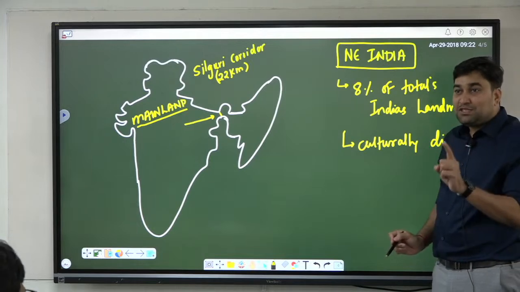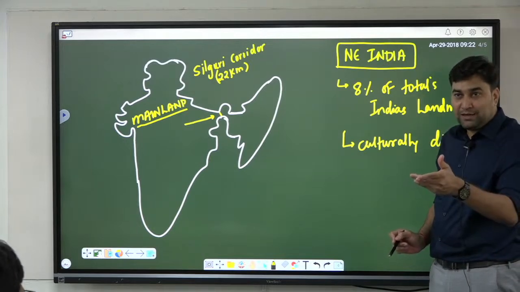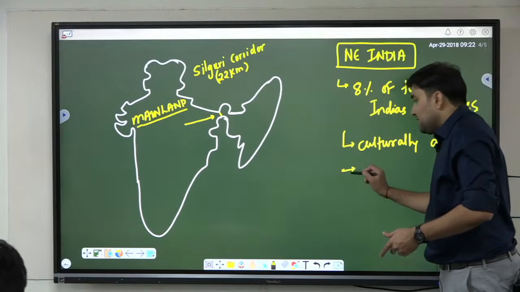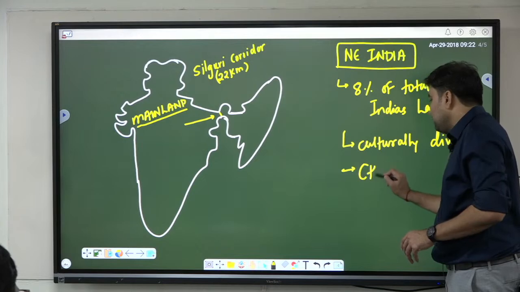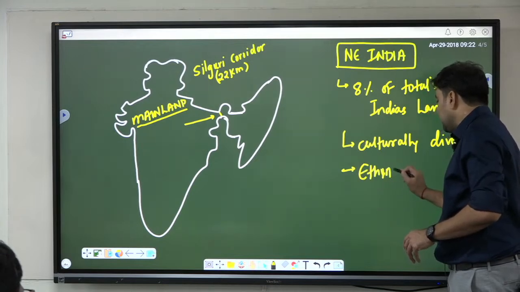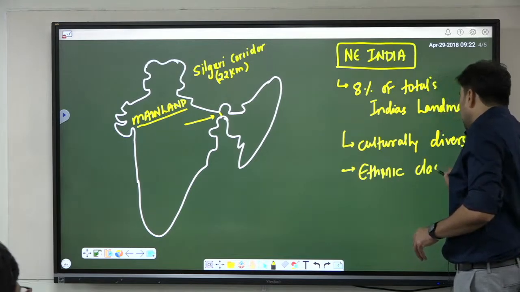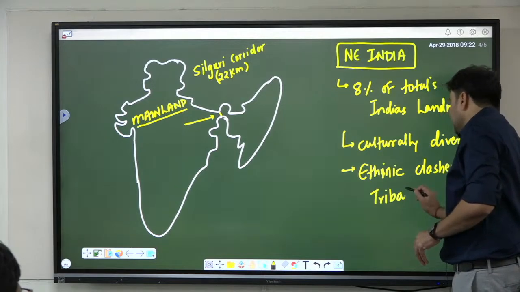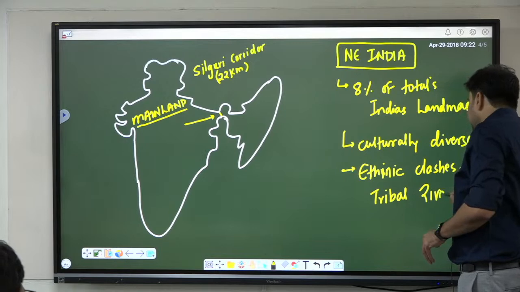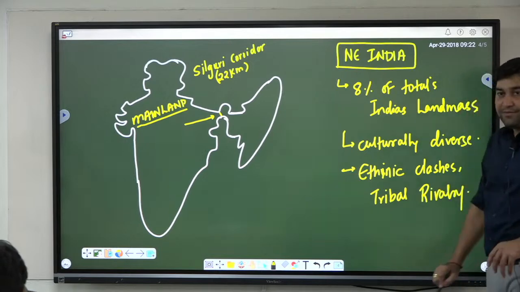Since ancient times, that is before British times, before independence also, there have been multiple ethnic and communal clashes. Ethnic clashes and tribal rivalry are present in Northeast India.